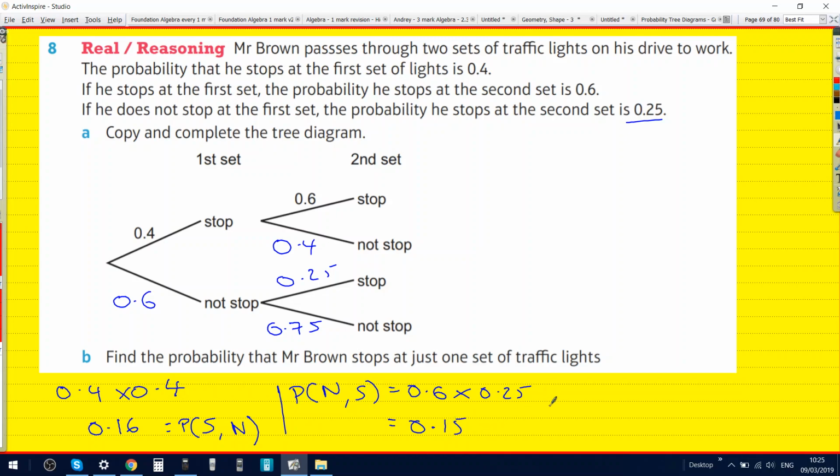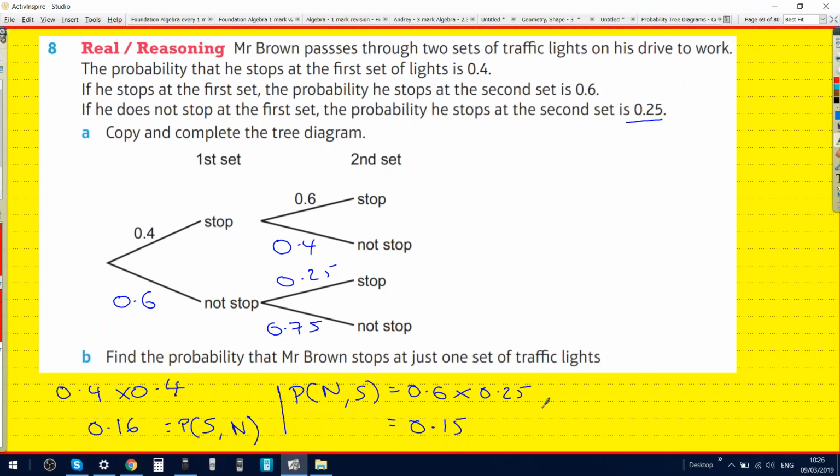Is that it? Could you also do where he just stops on one set of lights? I don't think so. So there's two possibilities. One is he stops at the first only. The second is he stops at the second only. So one is 0.16, one is 0.15.